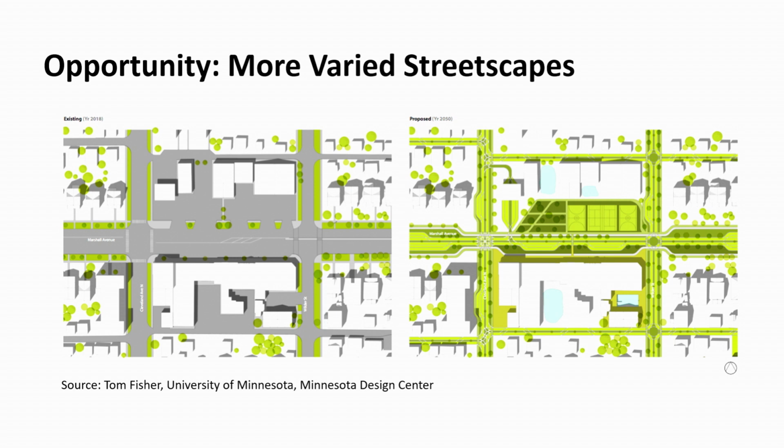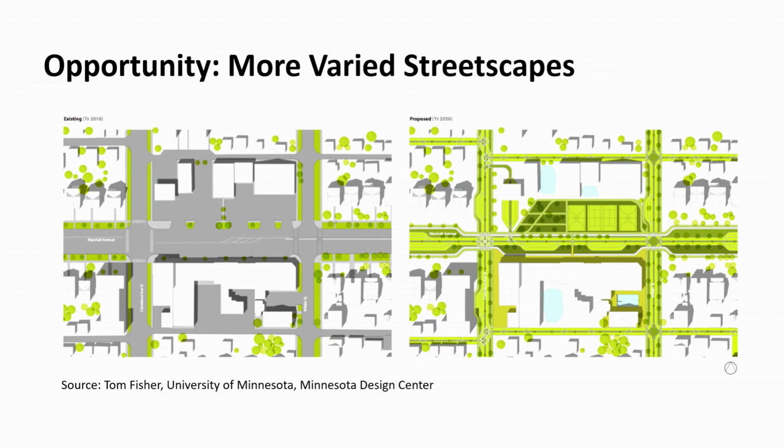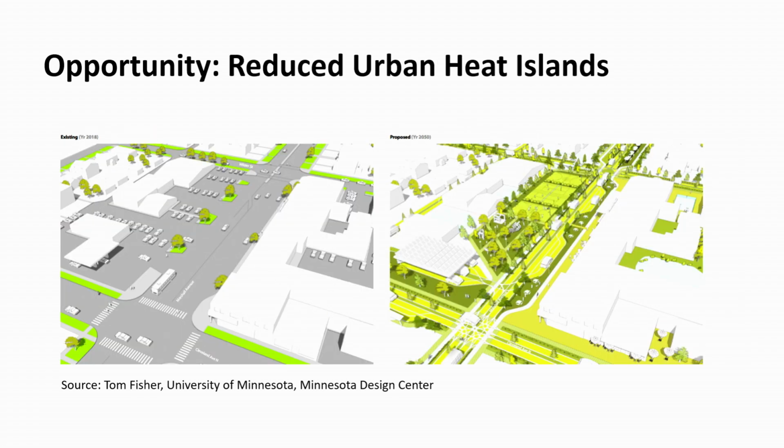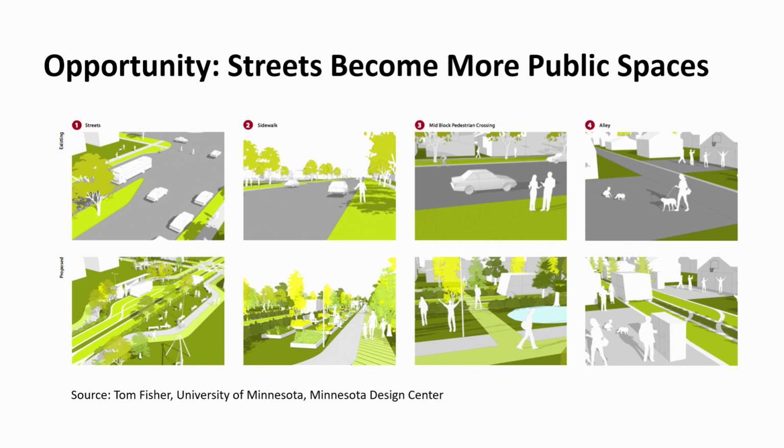So here's one illustration: opportunity, more varied streetscapes. Reduce urban heat island effect. More green infrastructure. I guess my slides got out of order, which is fine, but these are related. And opportunity for streets to become more people-serving public spaces.